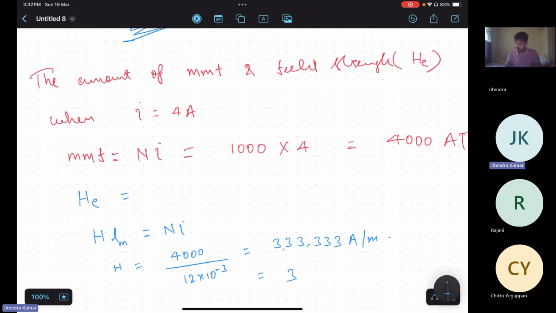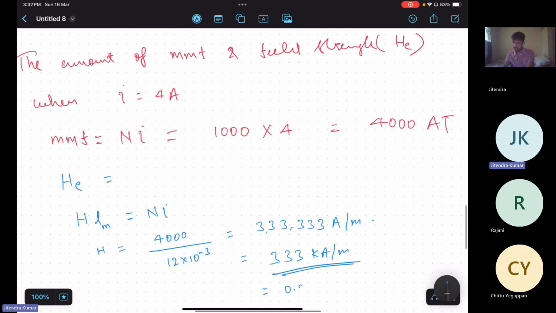So we can also say 333 kiloampere per meter, and 0.33 into 10 power 6 ampere per meter.